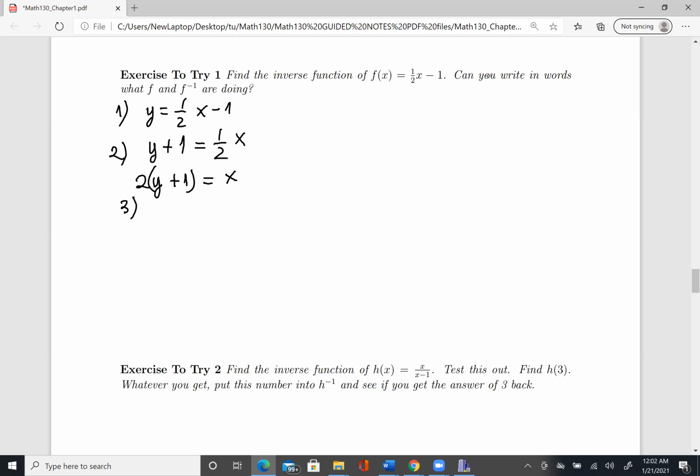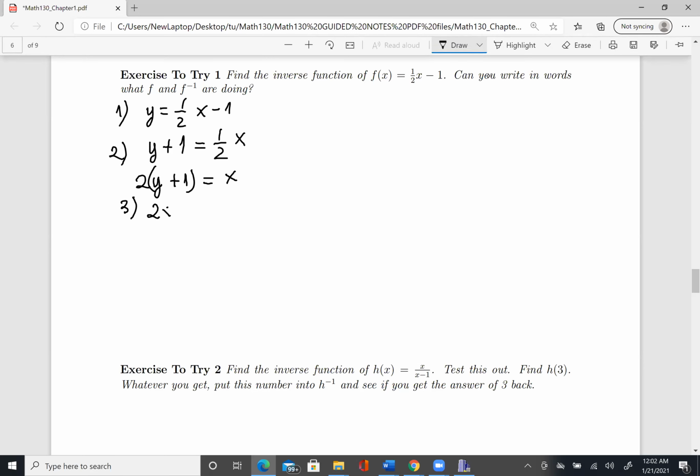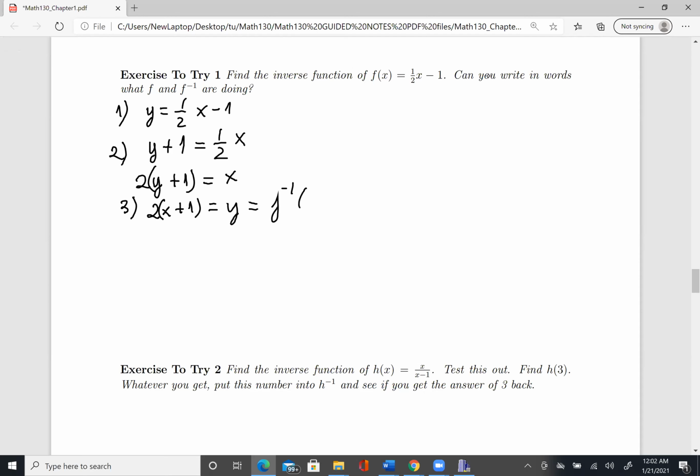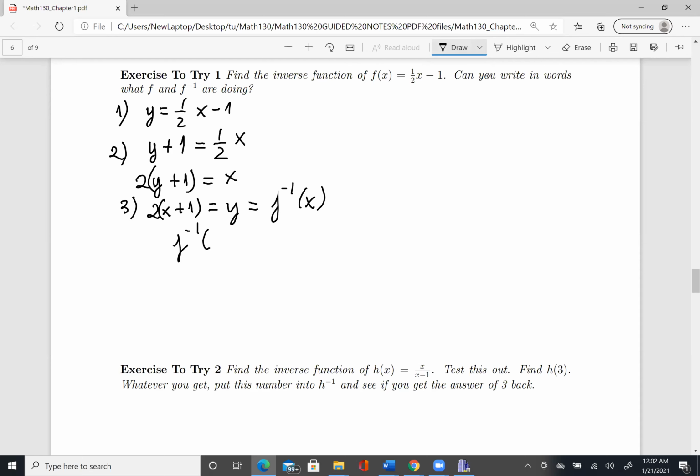I have 2 times (x plus 1) equal to y, which is the inverse function of x. Okay, this is a good answer.